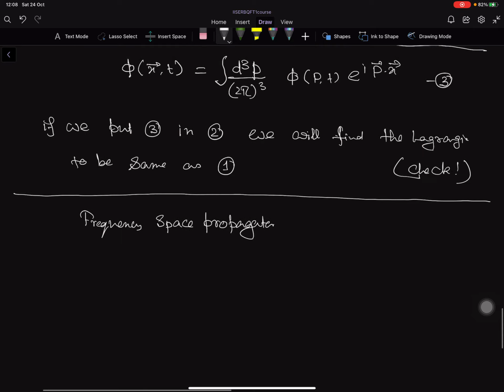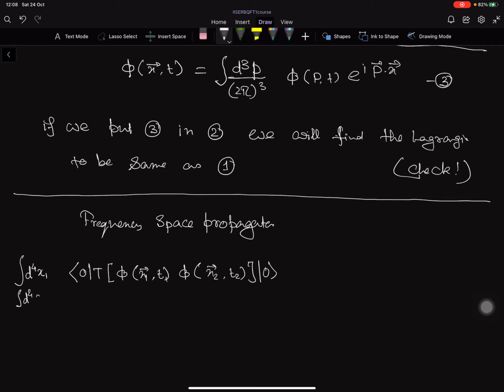So now we are focusing on this thing: x1 t1, x2 t2, and then we take the Fourier transform with respect to both d4x1 and d4x2.